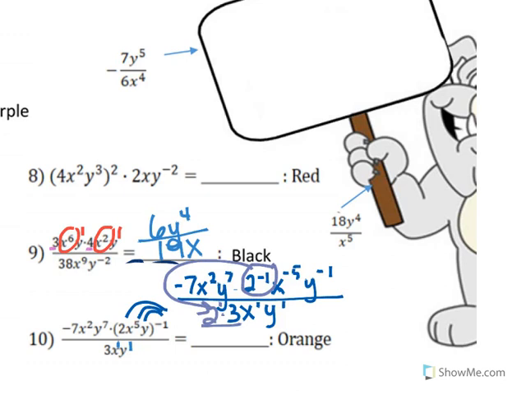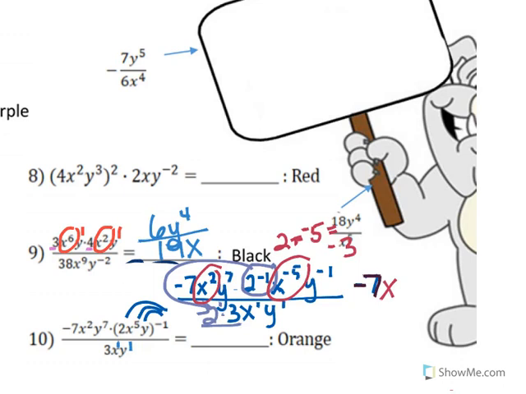So now I'm just going to leave the 7 on top. So negative 7. And then I'm going to add these exponents. So 2 plus negative 5 is going to give me a negative 3.